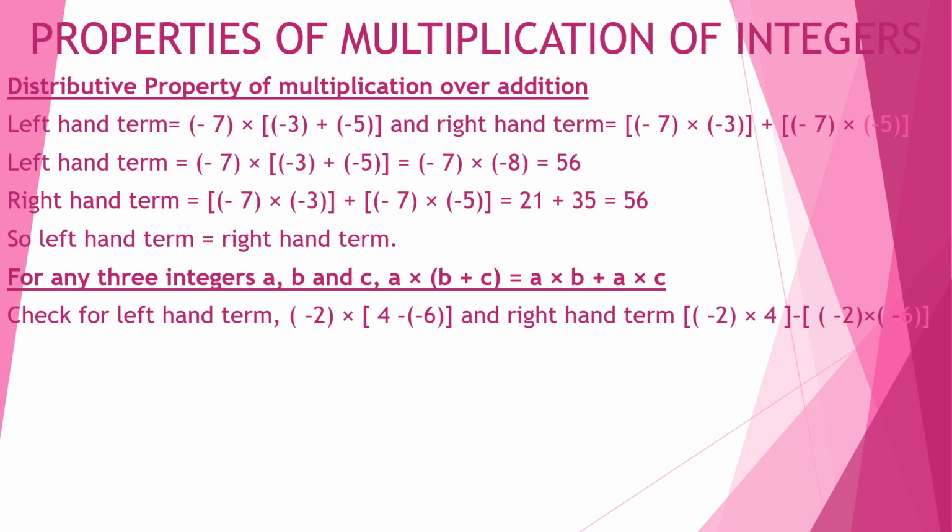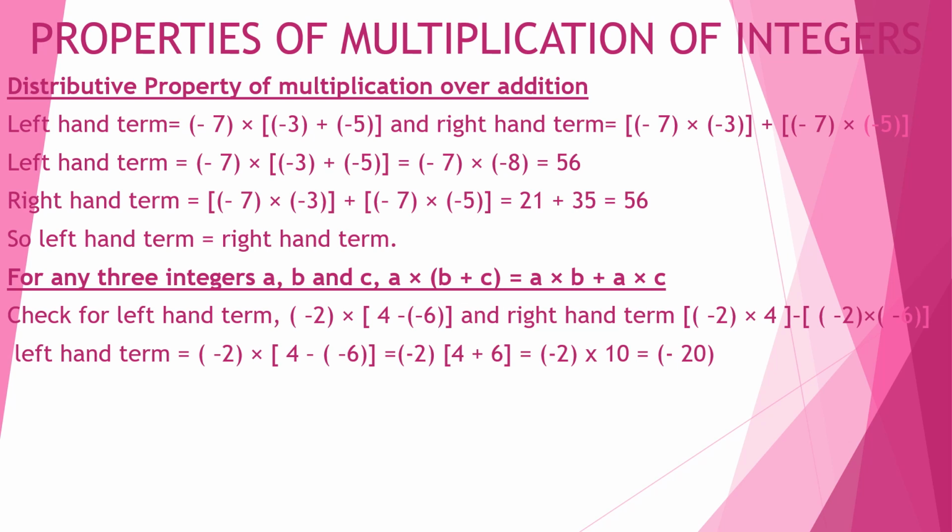Let's take another example. Minus 2 into 4 minus minus 6 is the left hand term. Now right hand term is minus 2 into 4 minus minus 2 into minus 6, by opening the brackets. Now let's evaluate left hand term. We first evaluate the parentheses.